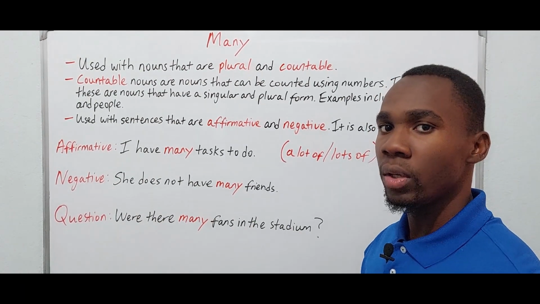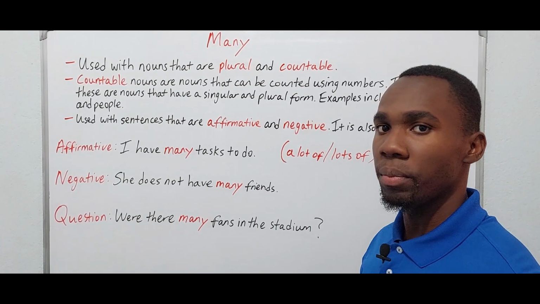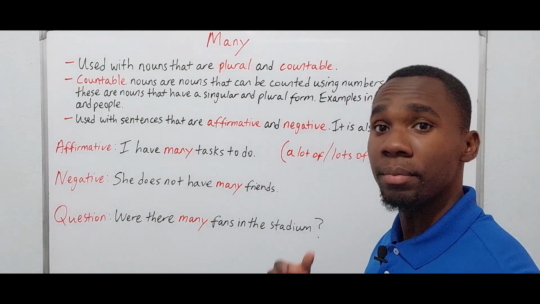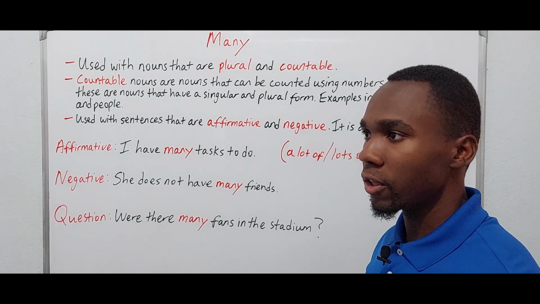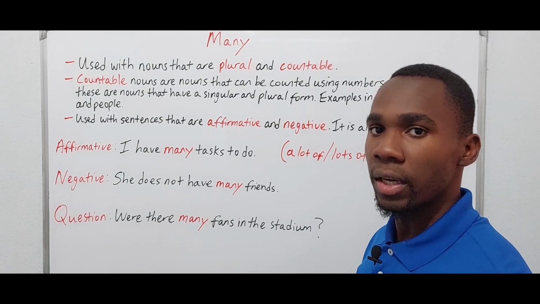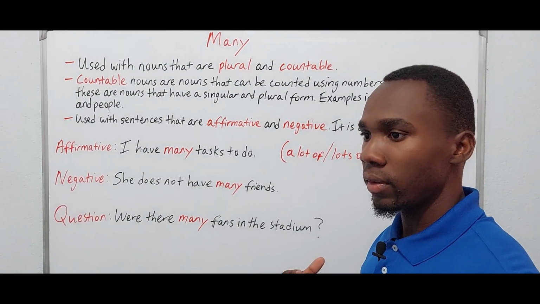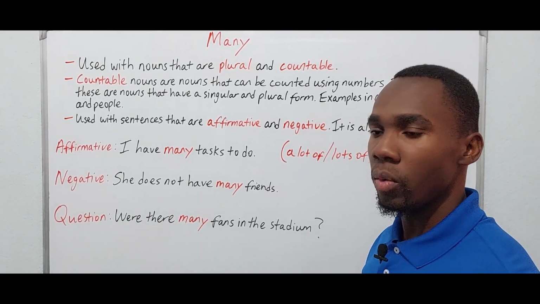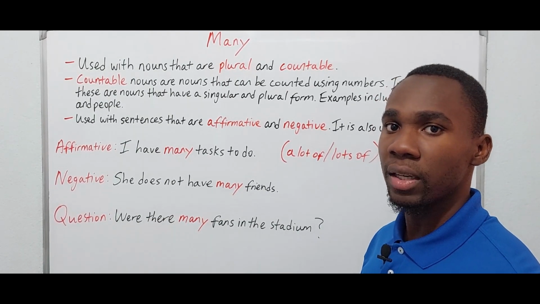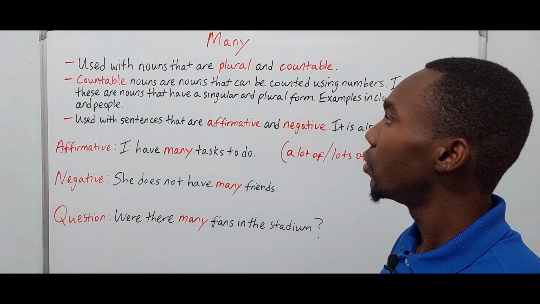So examples would be many, much, several, a lot of, few, right? So any word that tells us the amount of a noun without being precise would be classified as a quantifier.